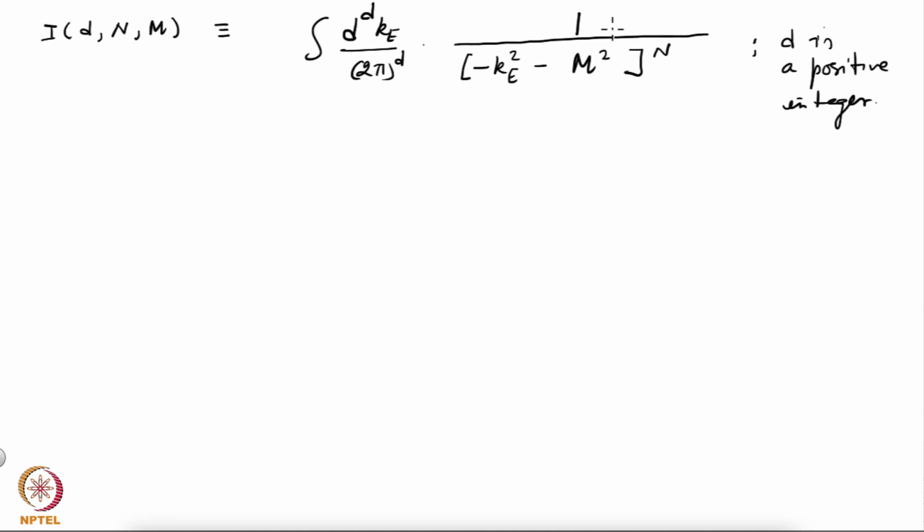So let's go ahead with this and see if I can write an expression for this integral which can be analytically continued to complex d dimensions. And the simplest way is to do the integral.